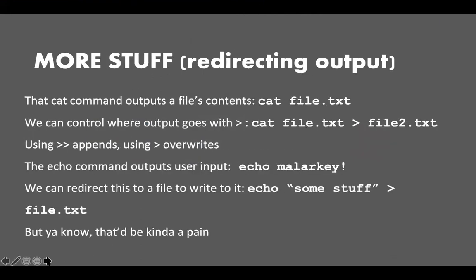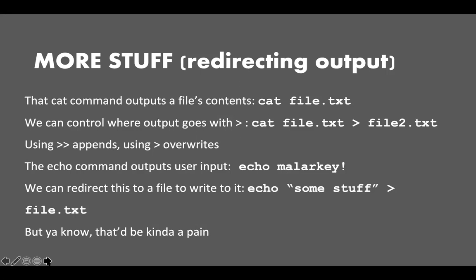Okay, so moving on to more things that you can do. You can also redirect the output of a command. Sometimes a command will print stuff out onto your terminal, but you can actually redirect that into another file. The first command that we see is the cat command, which just outputs a file's content to your terminal. You specify the command cat and then the file you want to output.